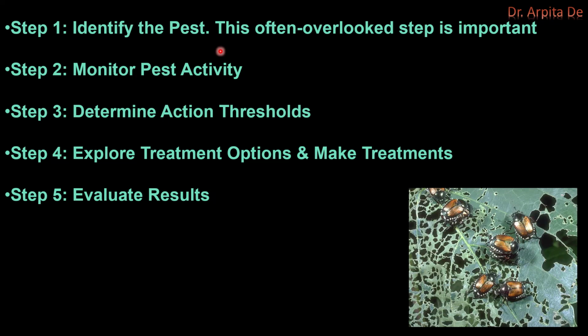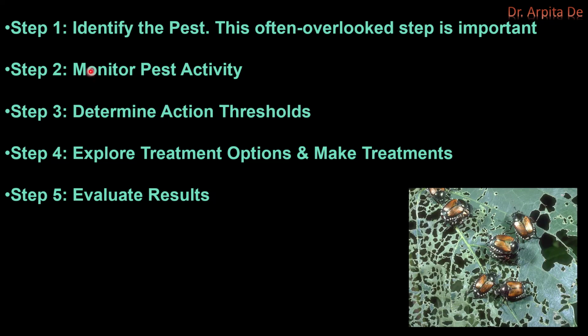This often overlooked step is actually very important. We are often found to make this mistake in the sense we don't identify it properly. So it is important to all of us that there is proper identification.